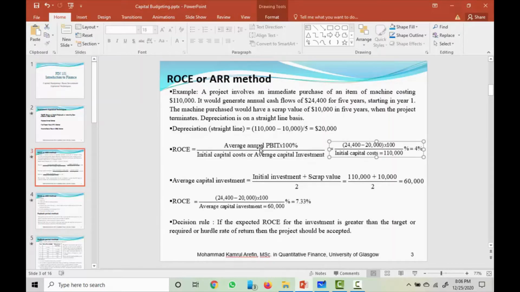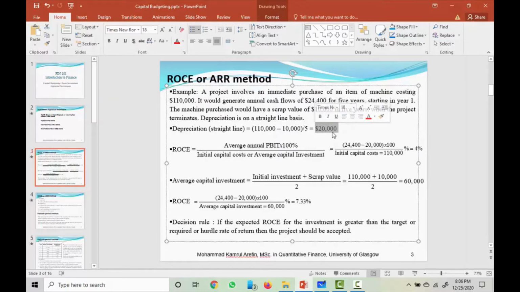Here the average annual cash flow of $24,400 is given in the question. This is the annual cash flow that we will get at the end of every year, and from that we need to deduct the depreciation value to get the average annual profit before interest and tax.